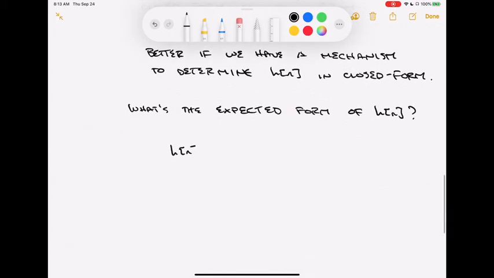H of n will equal something. Let's think about what happens. H of n is the response to a delta function. A delta function has a non-zero input only at 0, right? And then it backs off, just like continuous time. Once it backs off, energy's been stuffed in the system, and the system goes ahead and does what it normally does. And we studied that last lecture.